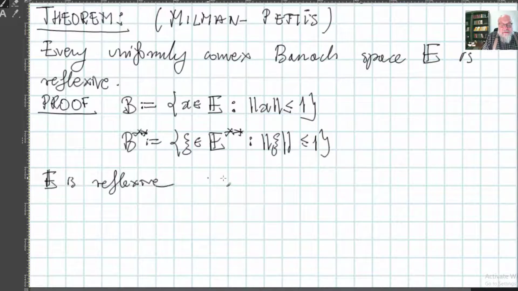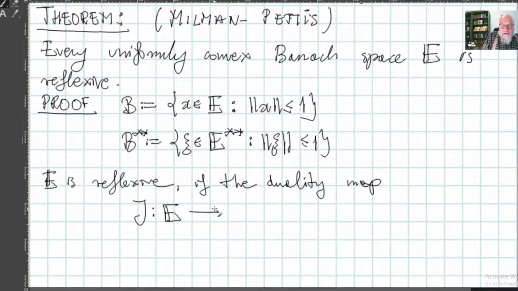If only, by the definition, the duality map, which we defined like J, this was from E to E star. And how was it defined?